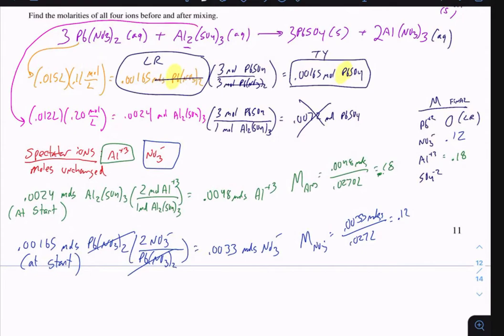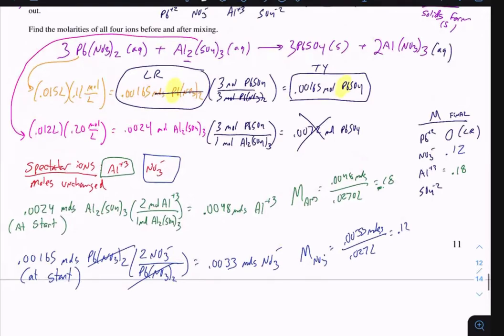So the molarity before mixing would be whatever the molarity is times whatever subscript that element has. That's kind of a silly question, to be honest. I don't really care about what the molarity is before. I'm mostly interested in what it is after. But good question. Yes, you have to apply the subscript to account for the molarity of that individual ion.